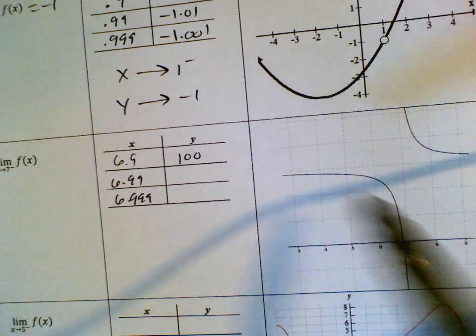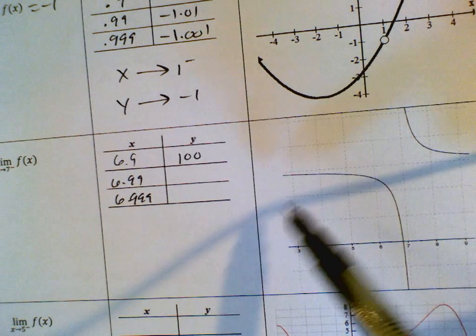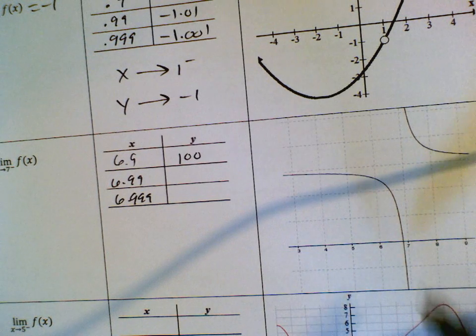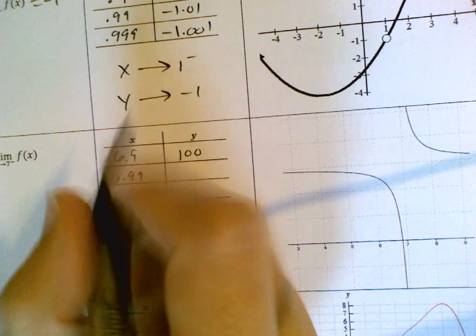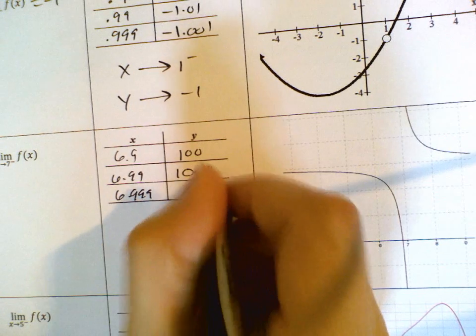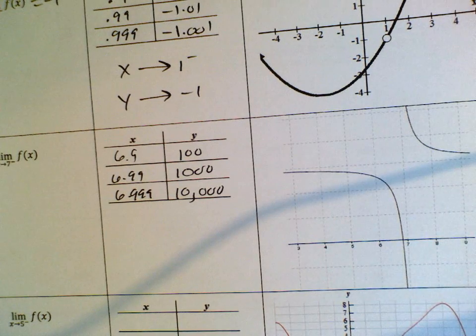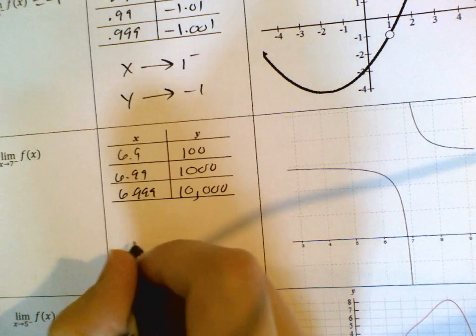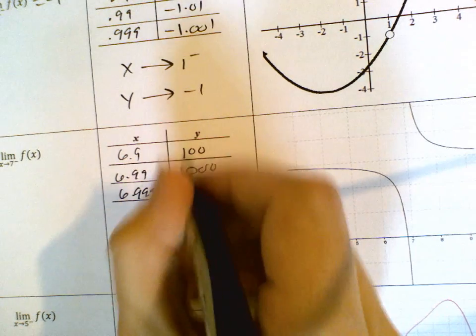This graph is getting negative very, very fast. It's very steep, and it gets even steeper the closer we get to 7. So I'm going to just estimate that the y's are growing by factors of 10. So I'll estimate that this y value is 1,000. I'll estimate that the next is 10,000. And I can see that as x is approaching 7 from the left, oh, these are negatives.